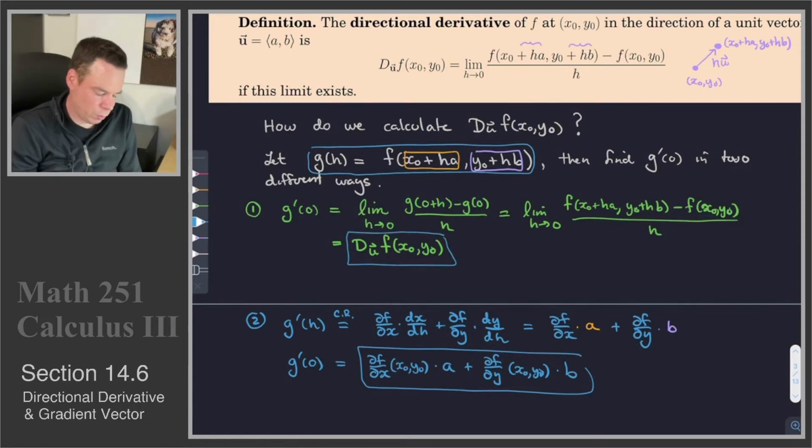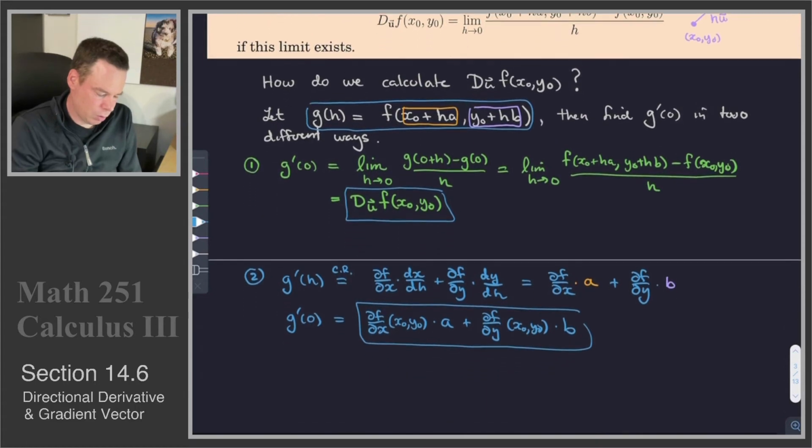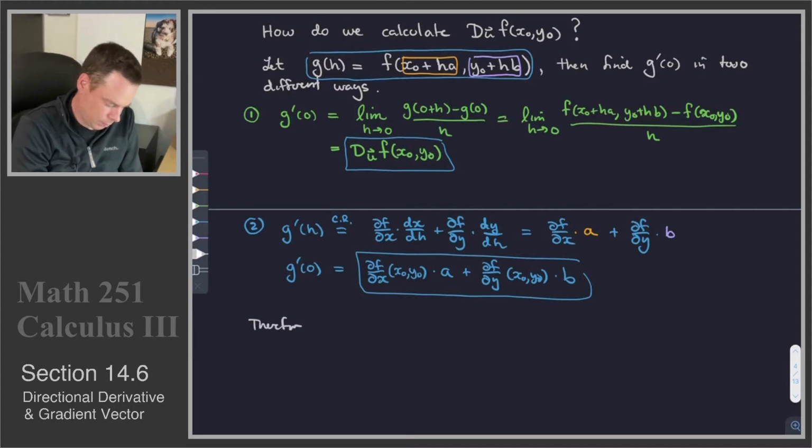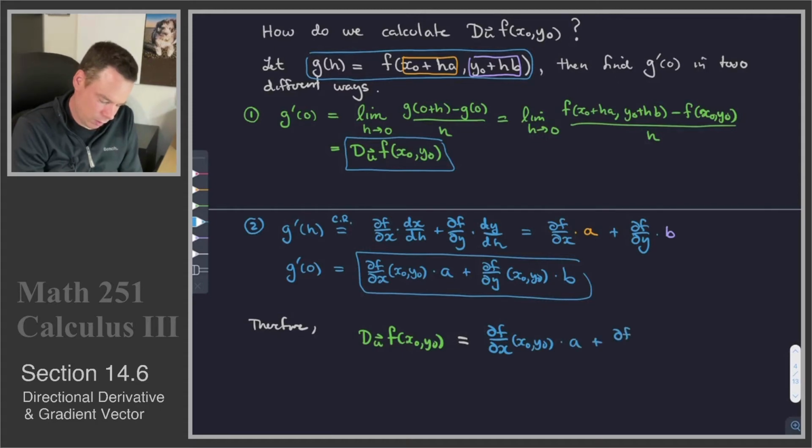So between parts 1 and 2, we've computed g'(0). We get two different expressions for it. They have to be equal. So therefore, we have that the directional derivative of f at (x₀, y₀) is equal to the partial derivative with respect to x at (x₀, y₀) times a, plus the partial derivative with respect to y at (x₀, y₀) times b.